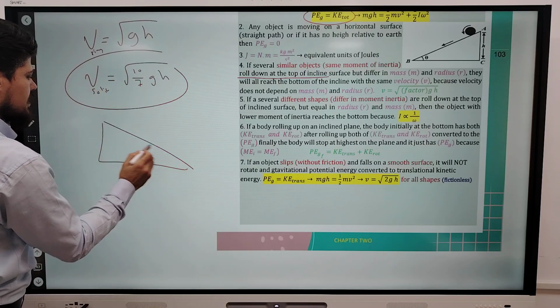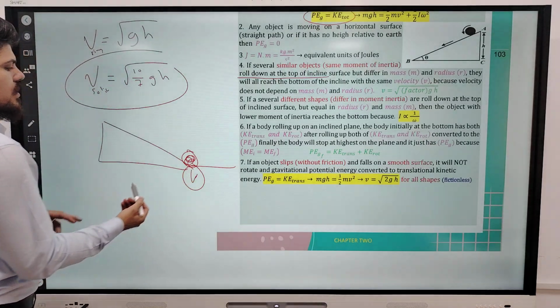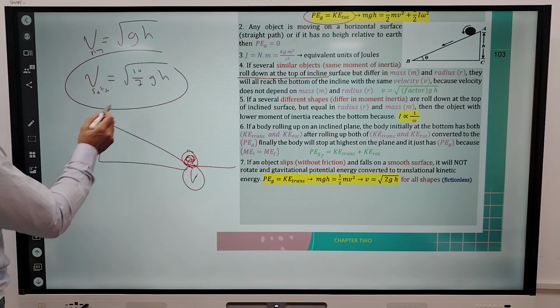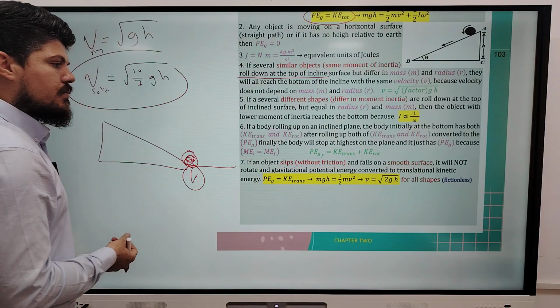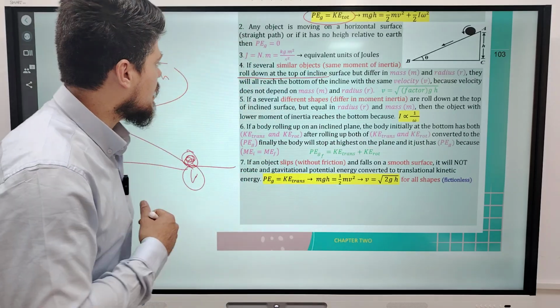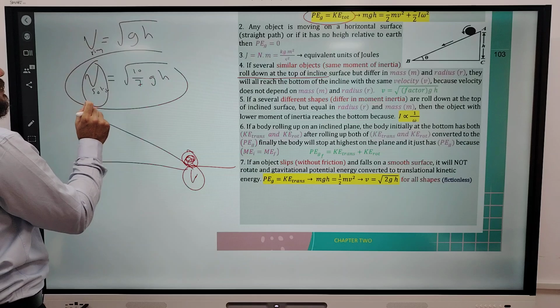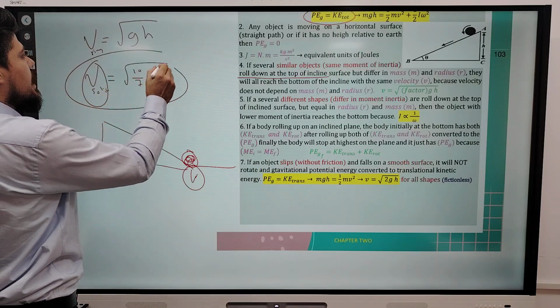At the bottom of the incline, this object has a speed. How can we determine it? By using this equation. Each shape has its own speed at the bottom of the incline. For the solid sphere it is the square root of 10/7 gh.